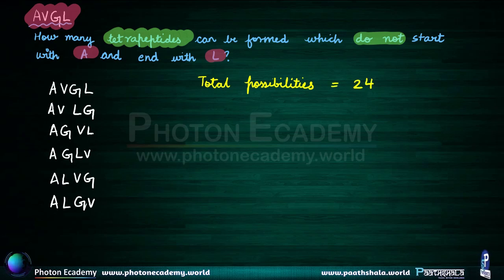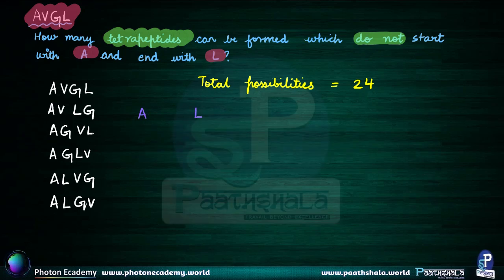Now, if we see those which end with L, suppose these are the A ones. The ones which end with L, let us keep L as a constant and we move these 3.